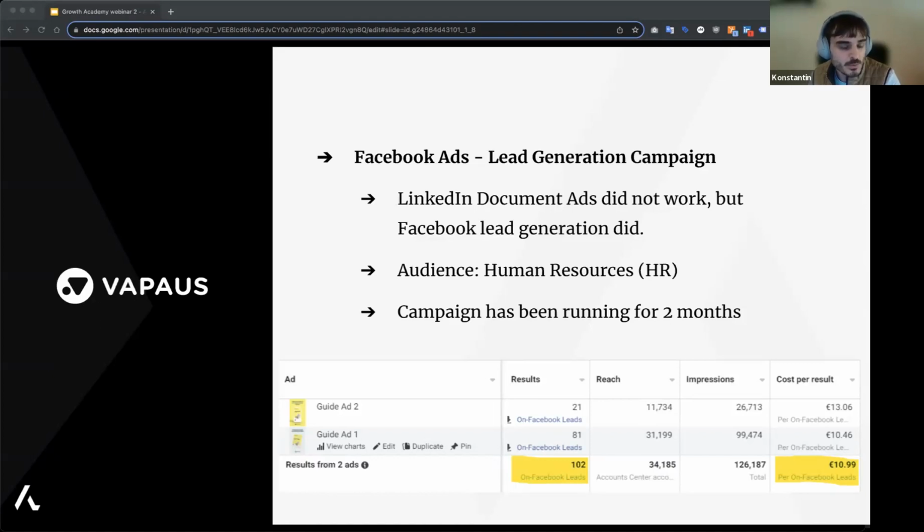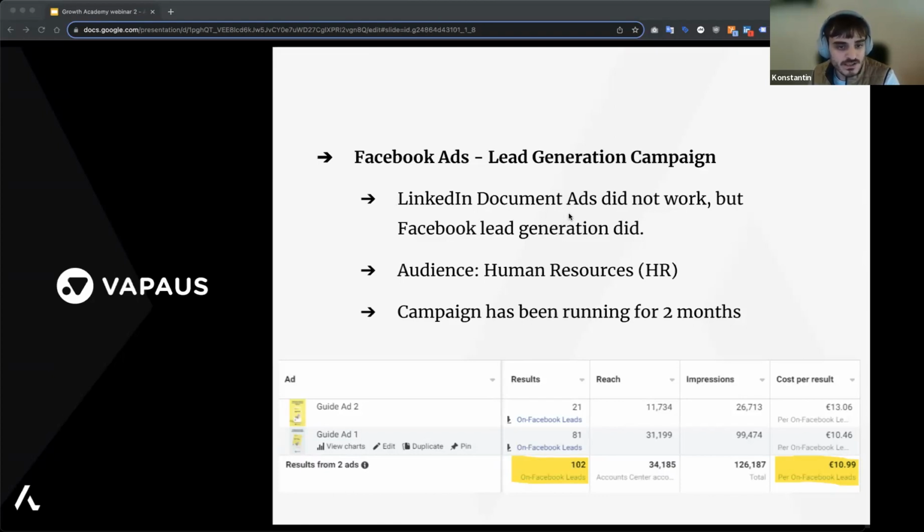They target human resources. With LinkedIn, you can pretty much target everything HR: job titles, interests, functions, the entire departments, whatever you want, but it didn't work. And Facebook was kind of our least desired platform to advertise this, because on LinkedIn the targeting is a little bit easier for B2B, but this kind of proved it wrong, because we tried a lead generation campaign.